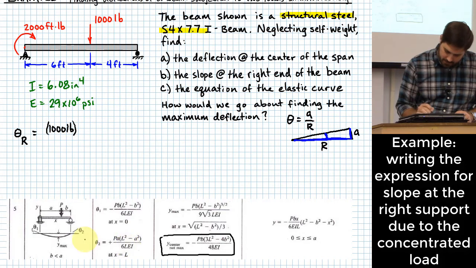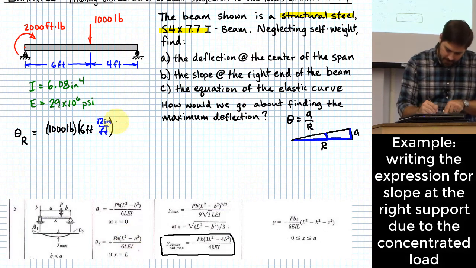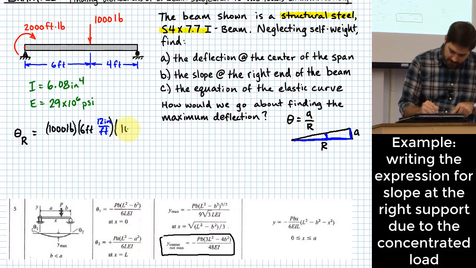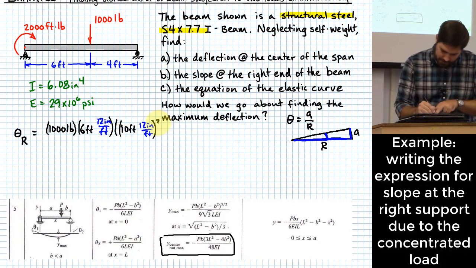A is 6 feet, 12 inches per foot. Okay. Here I'm going to have L squared minus A squared. Okay, 10 feet times 12 inches per foot. All that squared.